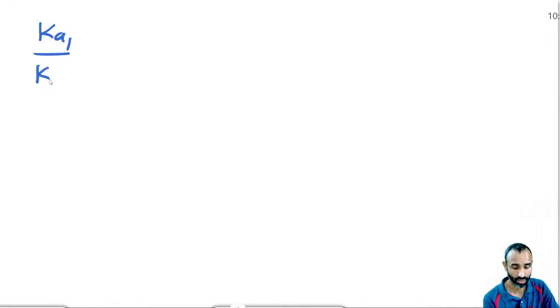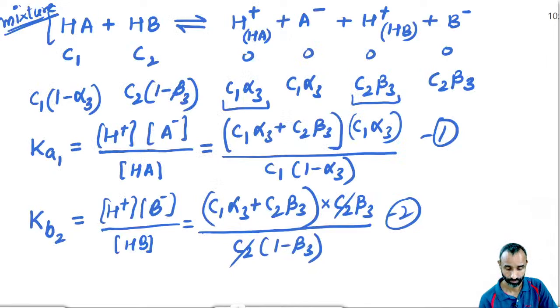So from 1 and 2, Ka1 divided by Kb2 is equal to: the whole C1 alpha 3 plus C2 beta 3 cancels, 1 minus alpha 3 is taken as 1, 1 minus beta 3 is also taken as 1 because they are very small.